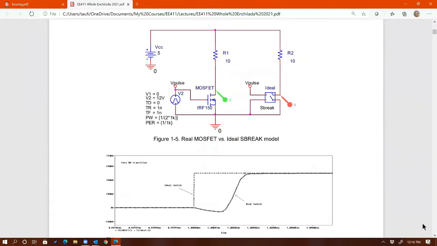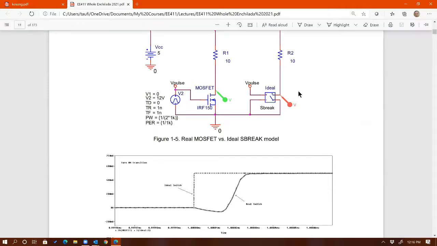And then here is a simulation of a close to ideal switch. This is the one that was used in EE410, the S break. We use this in OrCAD PSpice to model a very close to ideal switch. And then I'm also using a real model of a MOSFET, the IRF150. Anytime you see IR in the name, that means this comes from the manufacturer called International Rectifier.